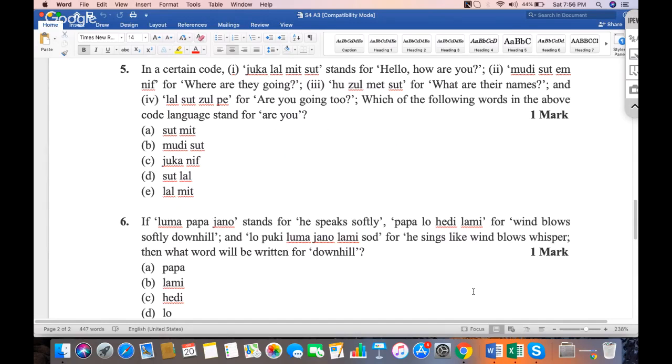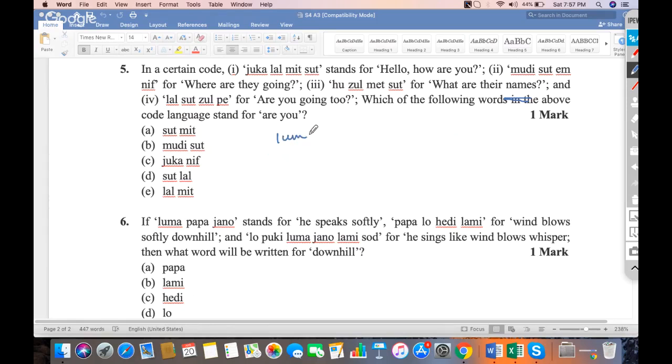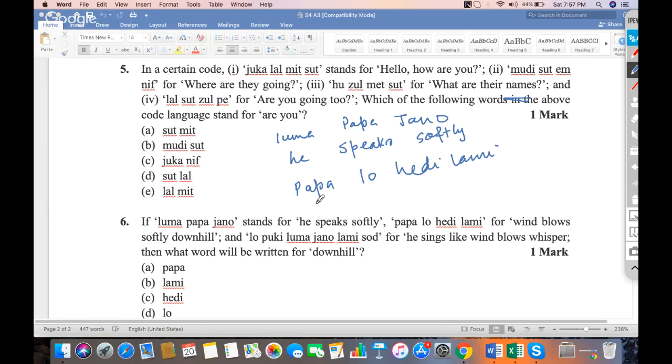So, Luma Papa Zano, he speaks softly. Papa Lo Hedi Lami, wind blows softly downhill.